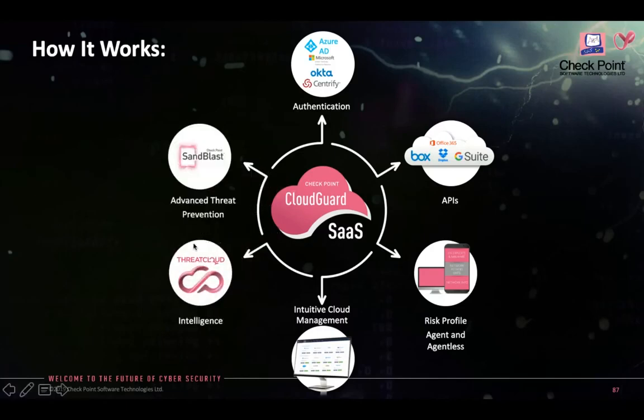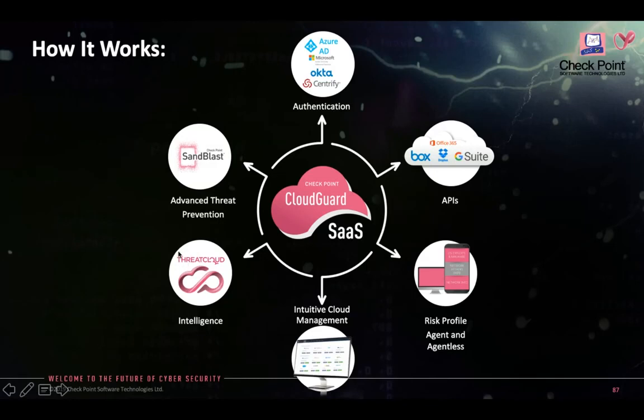And to receive the feeds, it integrates with ThreatCloud, which is again the brain of the whole solution, right? To further secure user access, CloudGuard integrates with third-party applications here, relying on something like Okta. It receives threat feeds from Check Point ThreatCloud, which I just told you about a while back, right?